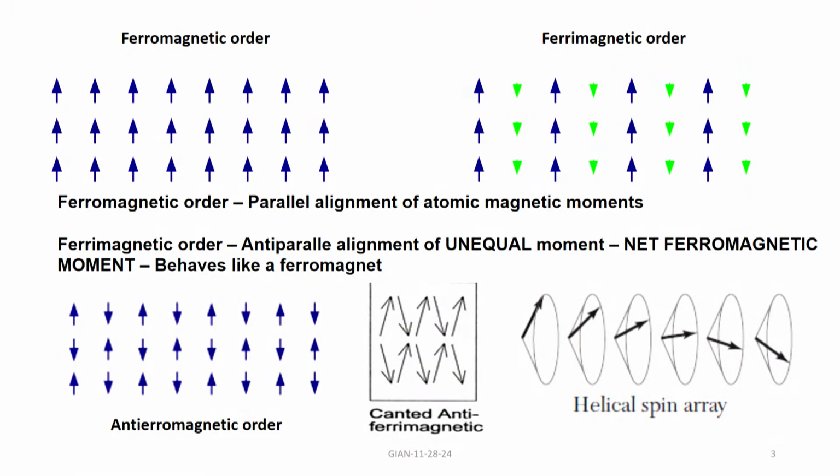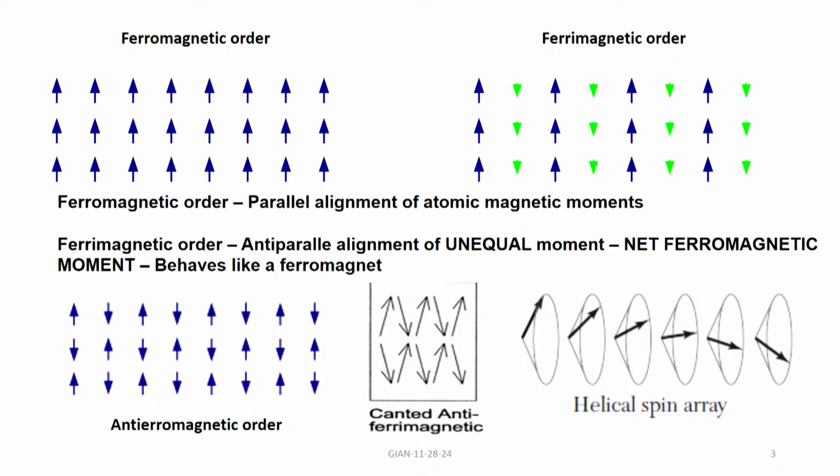Ferrite implies ferromagnetic ordering. Then you are also familiar with antiferromagnets, where there are two moments equal and opposite. So, the net moment is 0, and there are many materials that are antiferromagnetic. Manganese oxide, MnO, nickel oxide, cobalt oxide, iron oxide, they are all antiferromagnetic. Then the other kind is canted antiferromagnet.